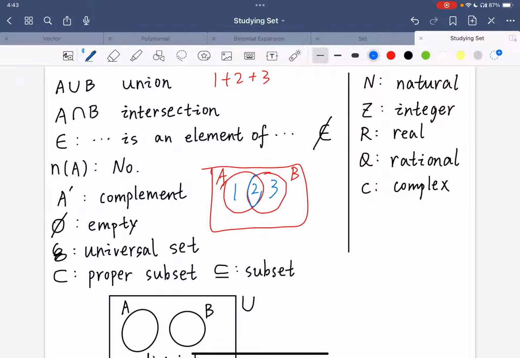This overlapping part is the intersection between set A and set B. By the way, set A or set B can be used to represent anything you want. It can be numbers, people, or types of different activities. Just to mention.